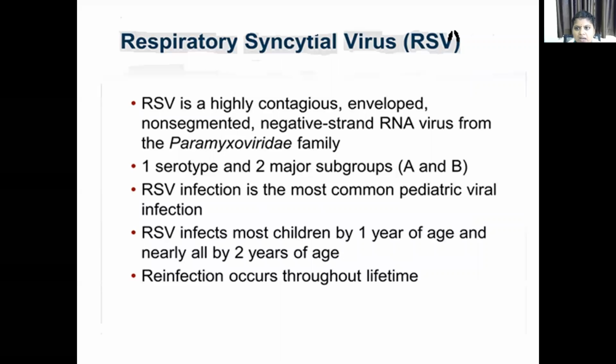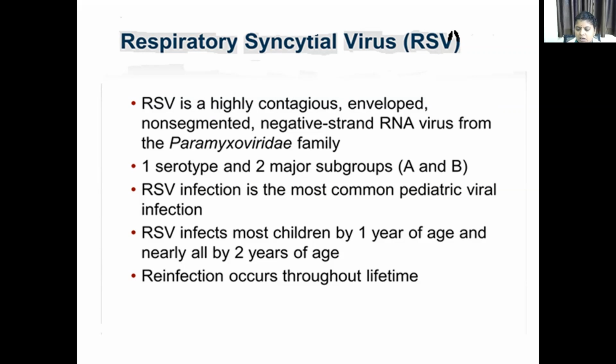The next one is RSV. It comes under the genus Pneumovirus. This is the respiratory syncytial virus. Another important thing I forgot to tell you is the presence of the F fusion protein.